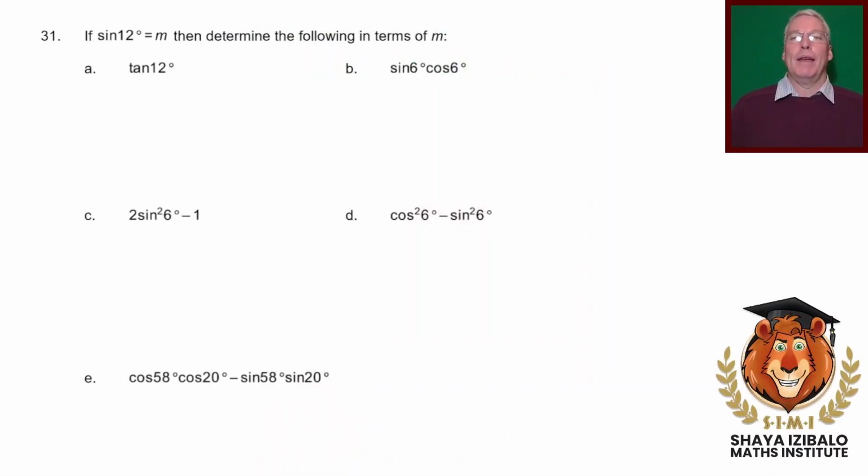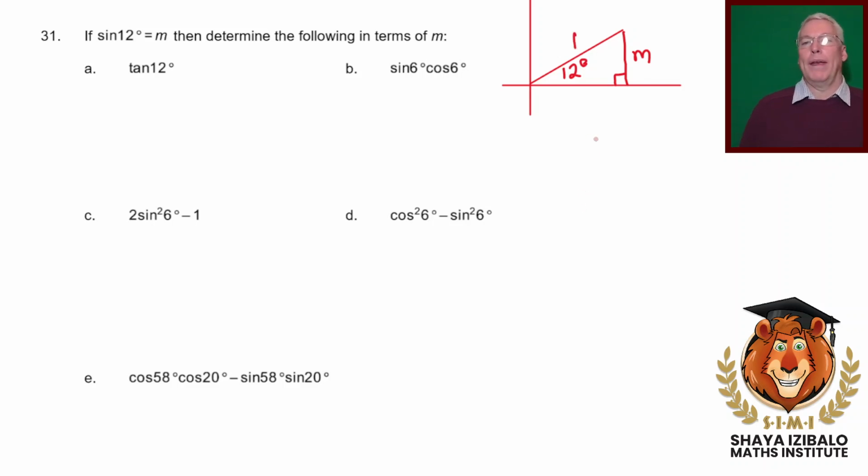So first up, we are told that sine of 12 is m, and the very first thing we've got to do is find the tan of 12. So we're going to draw our little diagram here, and we've got a 12-degree angle over here somewhere, and remember that sine is our y value over r, so m over 1.